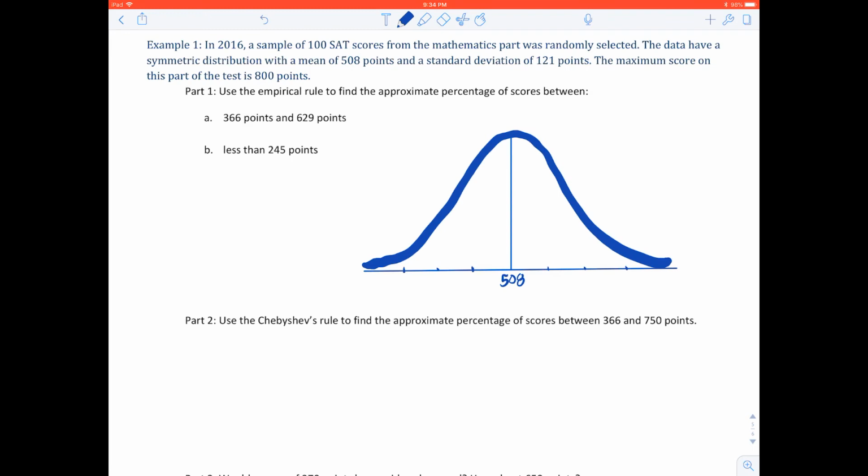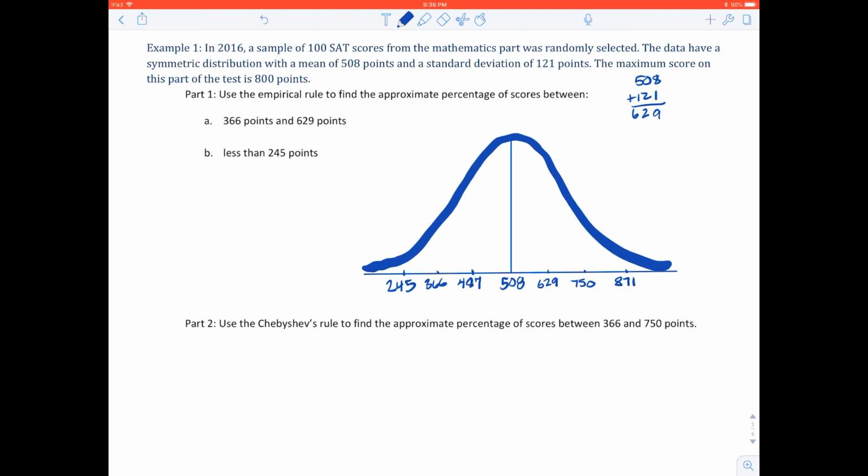So 508 plus 121 will be equal to 629, and that's one standard deviation away from the mean. Similarly, I will be finding the rest of them. On the left side, of course, I subtracted 121 from each value.